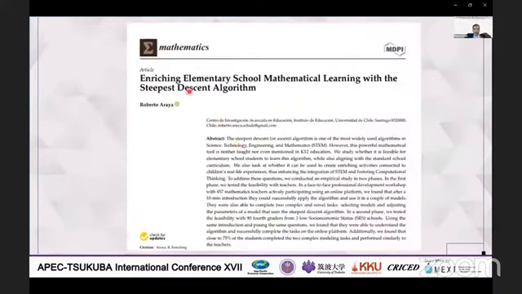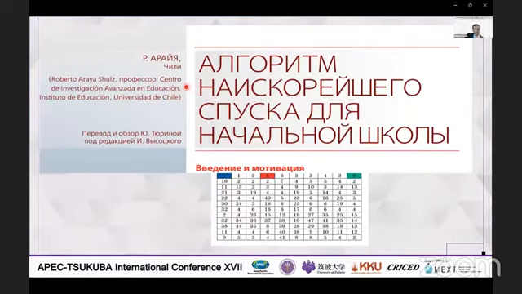So this is a rich elementary school mathematical learning with the steepest descent algorithm. That's what I showed with the bacteria and the dog moving around. What's interesting is that they found this explanation in the paper simple to understand. So these scientists in biochemistry and chemistry from a Belgian university explained the method to other specialists using this example that we have done, and it has also been translated to Russian by Ivan.